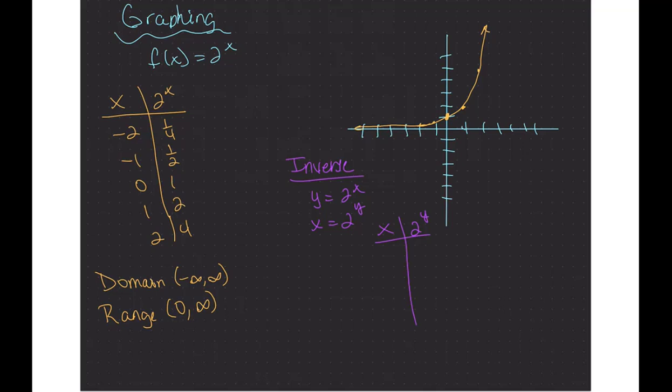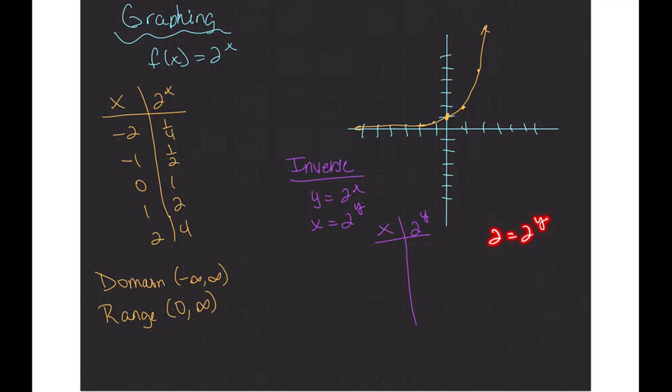When it comes to having a number raised to an exponent, let's say I wanted to figure out when x was 2. Figuring out that 2 equals 2 to the y, well, that one's not too hard. We can figure out that y equals 1, right?